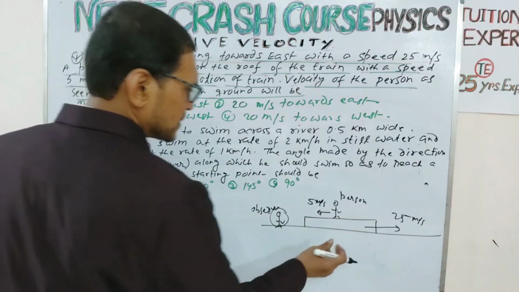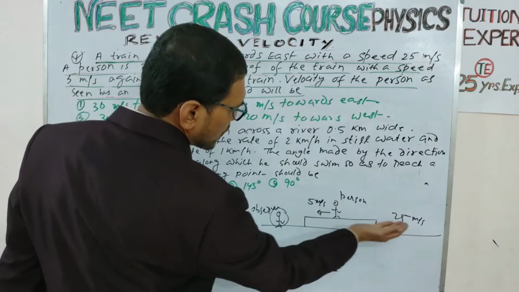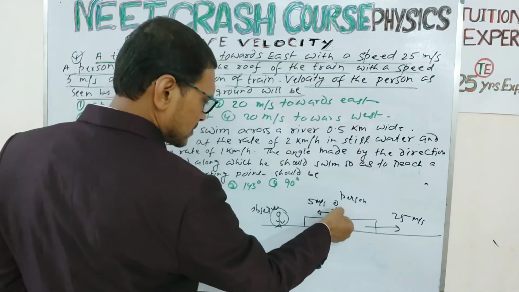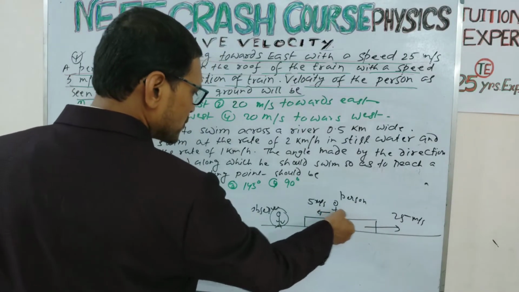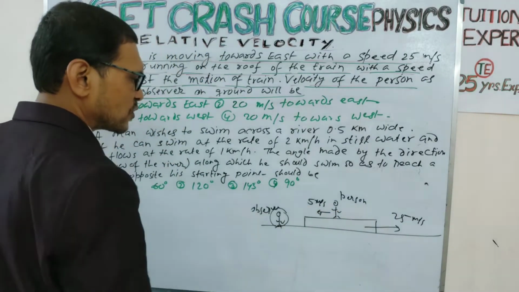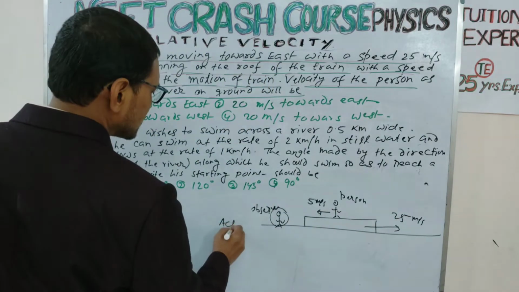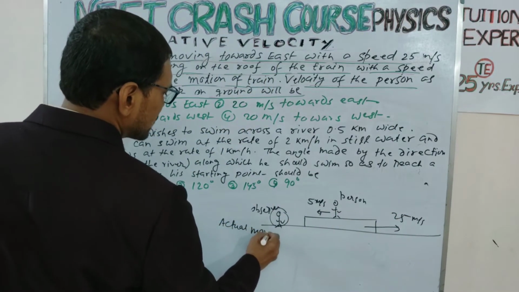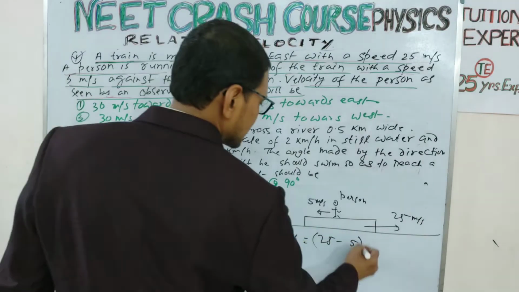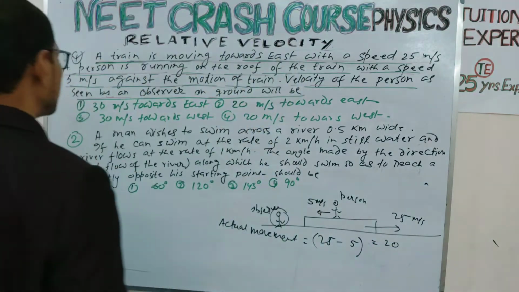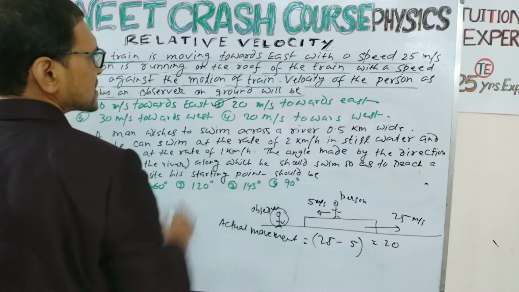Suppose the train moves forward 25 meters in 1 second, and the person on the roof moves 5 meters in the opposite direction in 1 second. So the actual movement is 25 minus 5, that is 20. So the answer is 20 meters per second towards east.